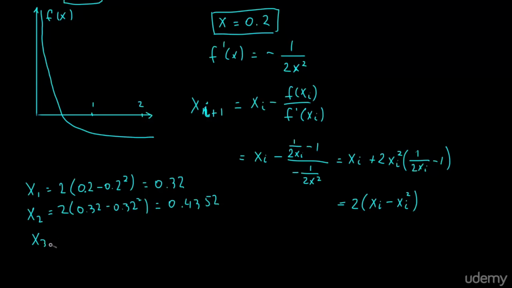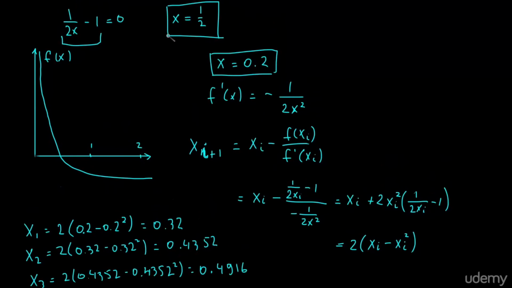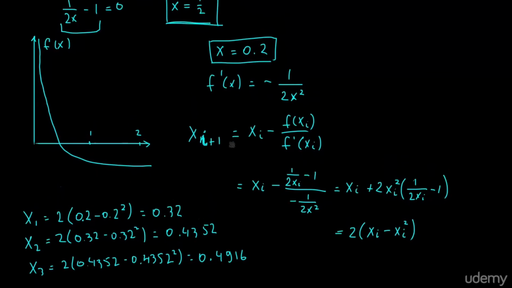And then let's do another guess, x3, and this guess is going to be 2 times 0.4352 minus 0.4352 squared, and that's going to be roughly 0.4916, which is very close to the actual value of 1/2 that we know is the actual answer.